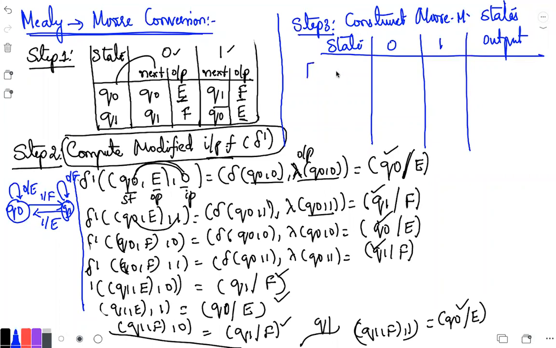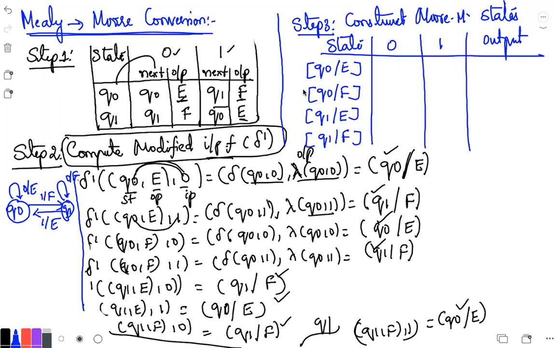So we have two initial states in Mealy machine and two outputs. So you can expect 4 states. First state, Q0 with output E. And the next state is Q0 with output F. One more state is Q1 with output E, Q1 with output F. Now, if you compare the transitions to the states, there will be two things missing.